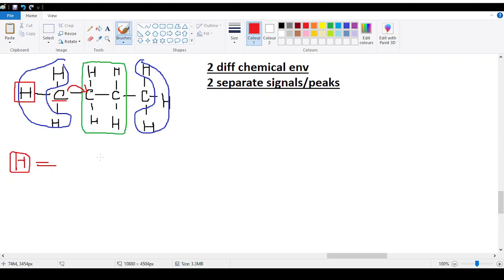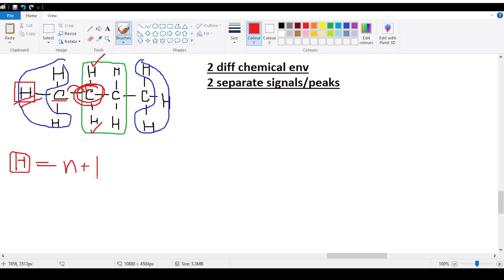And the neighbor has how many hydrogens? The neighbor has two hydrogens, which are this one and this one, right? Do these two hydrogen atoms have the same environment as this one, or a different environment? Different.